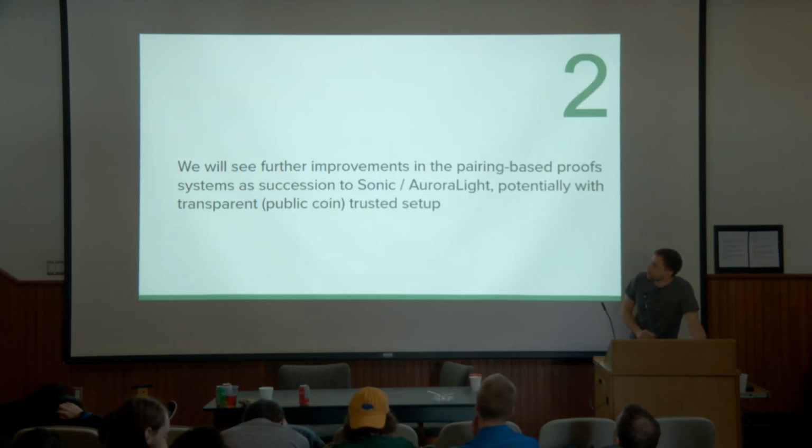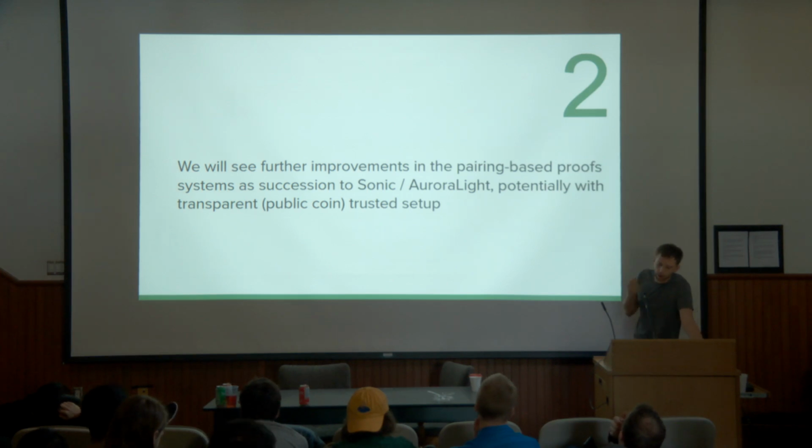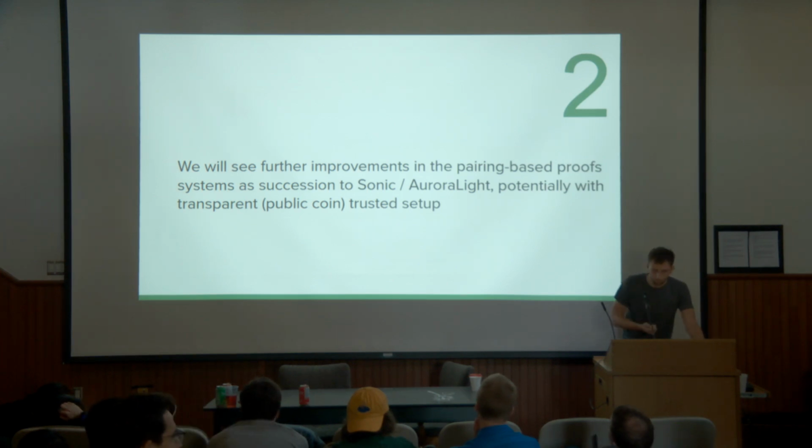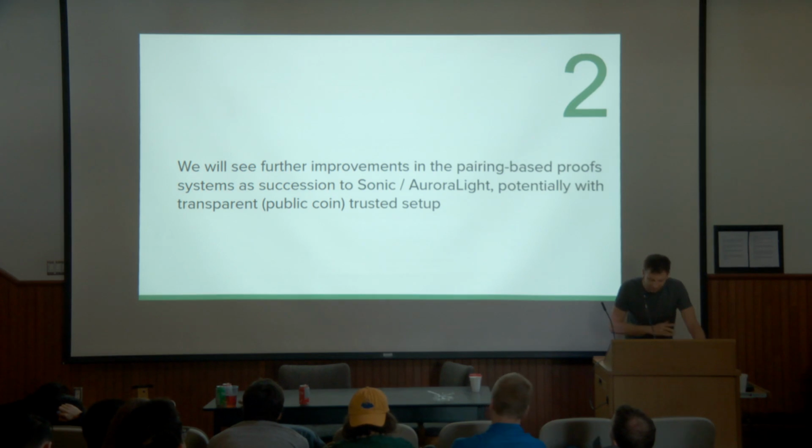Second, the prover efficiency is going to increase. There's going to be a combination of different factors, such as improving the efficiency of the software itself, improving GPU provers, but also the proof systems. We think that we will see improvements in the pairing-based proof systems overall significantly over the course of the next few years.